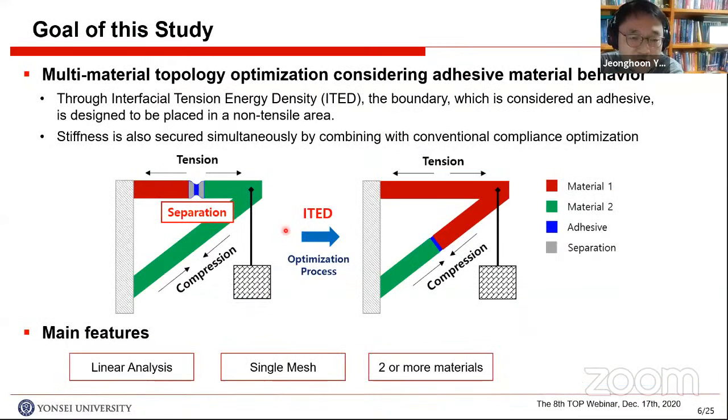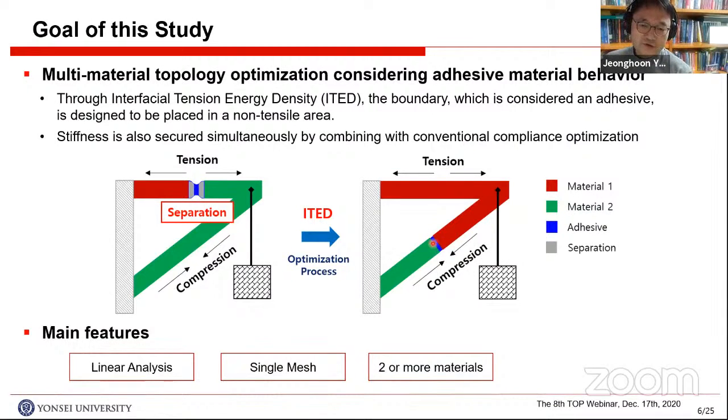This figure shows you the basic concept of this design. We have 2 phase materials, the red one and the green one. For the left case, the adhesive bonding area is under tensile stress, so it may cause some kind of failure. So we want to change this adhesive bonding area to the right figure.